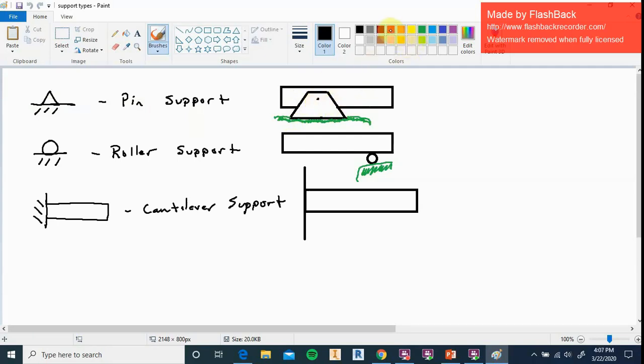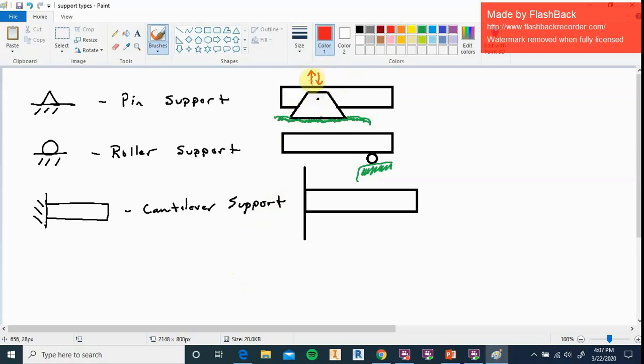So if I were to put a load right here, anywhere, it doesn't matter, the bolt would prevent the beam from moving up and down. So the bolt is going to provide a reaction force going back up.